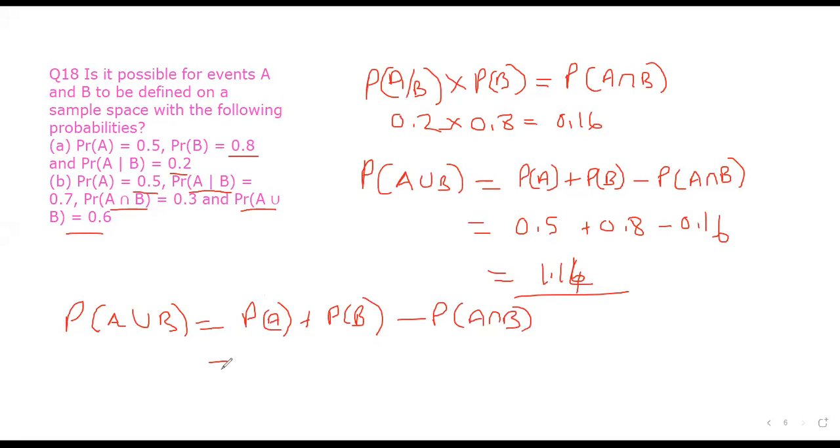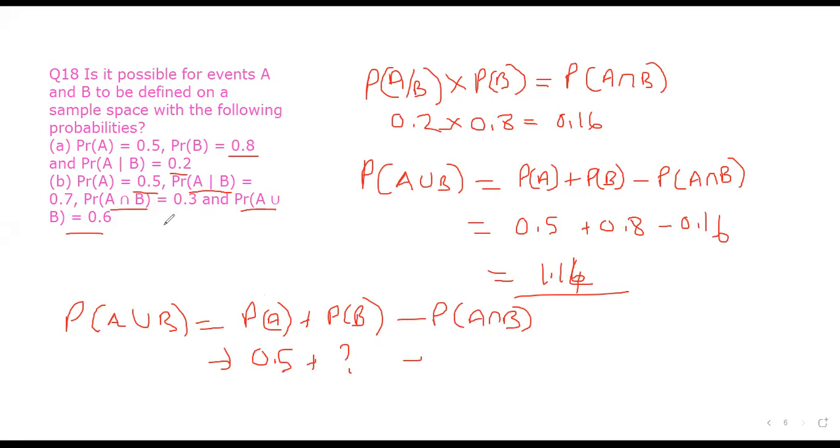So what's the probability of A? 0.5. What's the probability of B? 0.8. We don't have, right? What's the intersection?